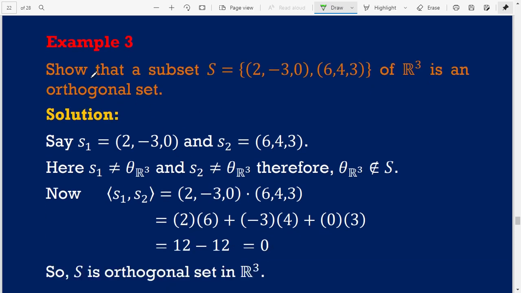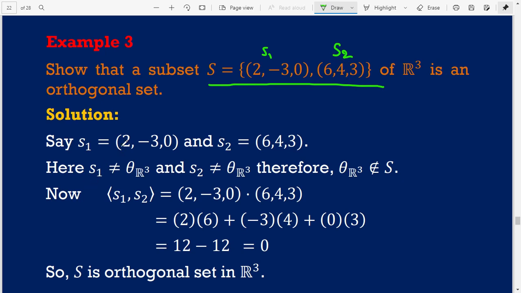Example. Show that a subset S is equal to (2, minus 3, 0) and (6, 4, 3) of R3 is an orthogonal set. Solution. We say S1 is equal to this and S2 is equal to this.